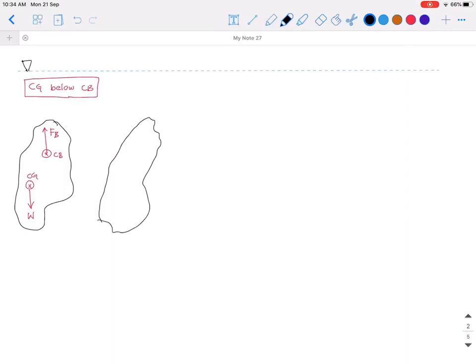I have applied a moment in this direction and tilted the body. So what would happen is that the center of buoyancy is here and the center of gravity is here.